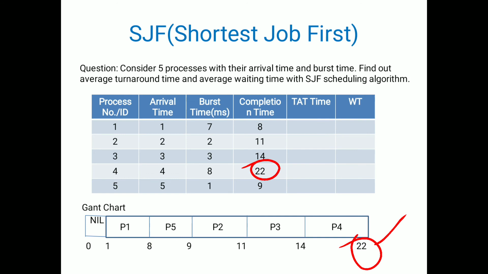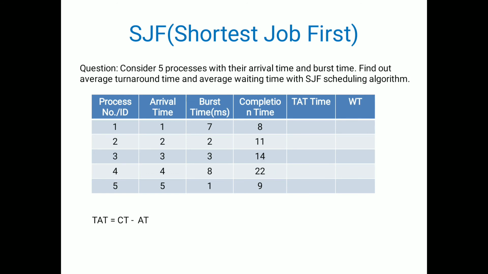Now we have to find the turnaround time and the waiting time. We already know that the turnaround time can be found with the formula completion time minus arrival time. For process P1 the turnaround time is 8 minus 1 is equal to 7, and for process P2 the turnaround time is 11 minus 2, and by doing so we get the turnaround time for all the processes.